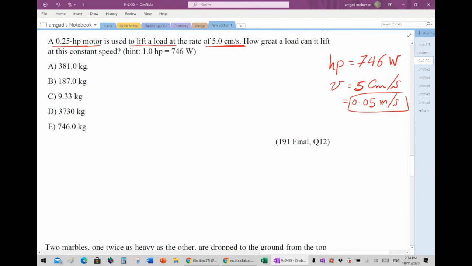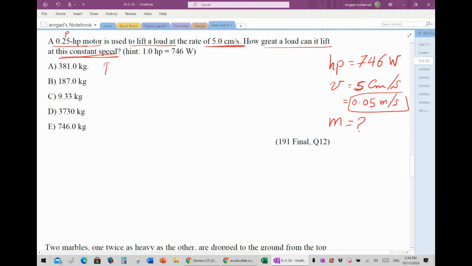How great a load can it lift at this constant speed? We need to find the mass. He's asking about the mass. So find the mass of the object to lift it up. What do you think? It gives you the power.